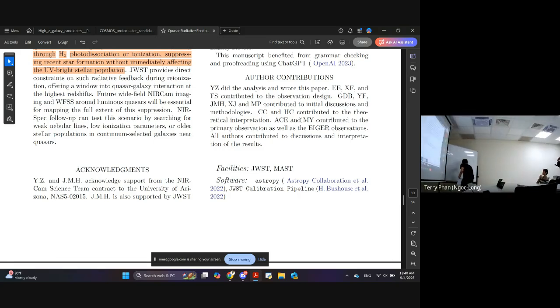So here's the paper. Say here's the quasar, and it is emitting strong UV light, evaporating UV, right? So if you're sitting close to this guy, you get dead.